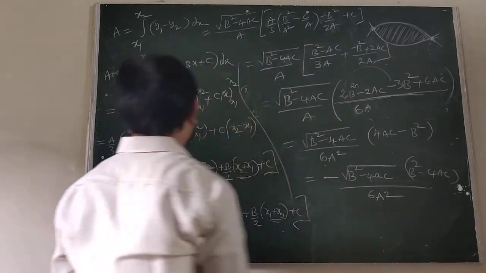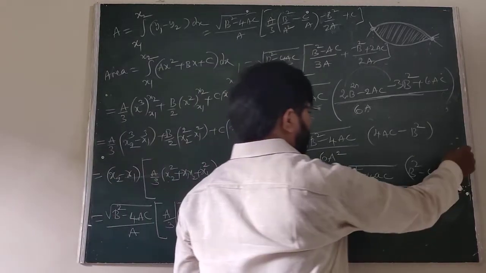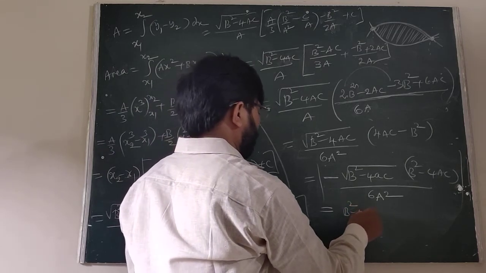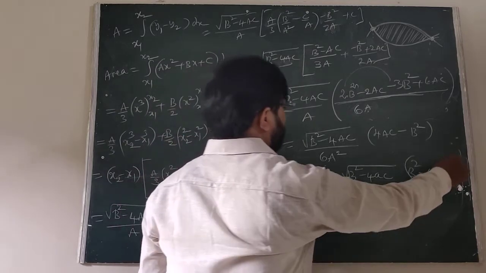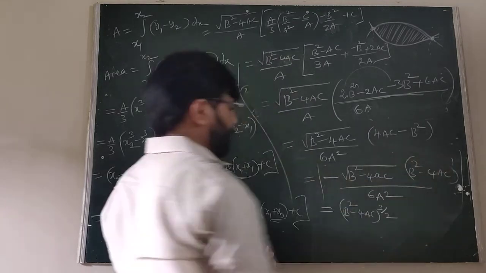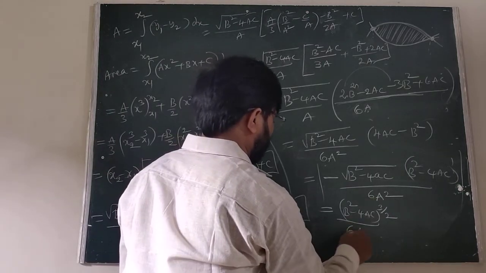We have to know that the area is always positive, so put it in the modulus. After that we are getting b square minus 4ac to the whole power 1 by 2, plus 1 gives the whole power 3 by 2. The denominator is 6a square.